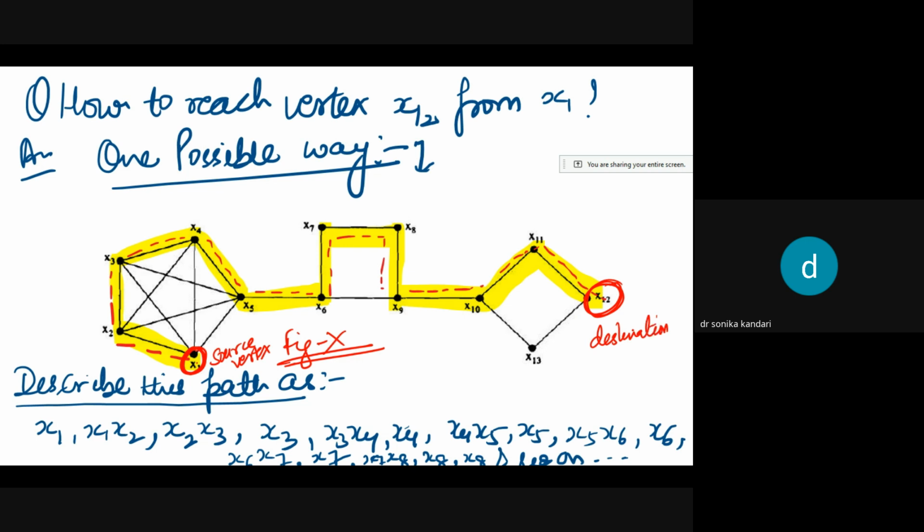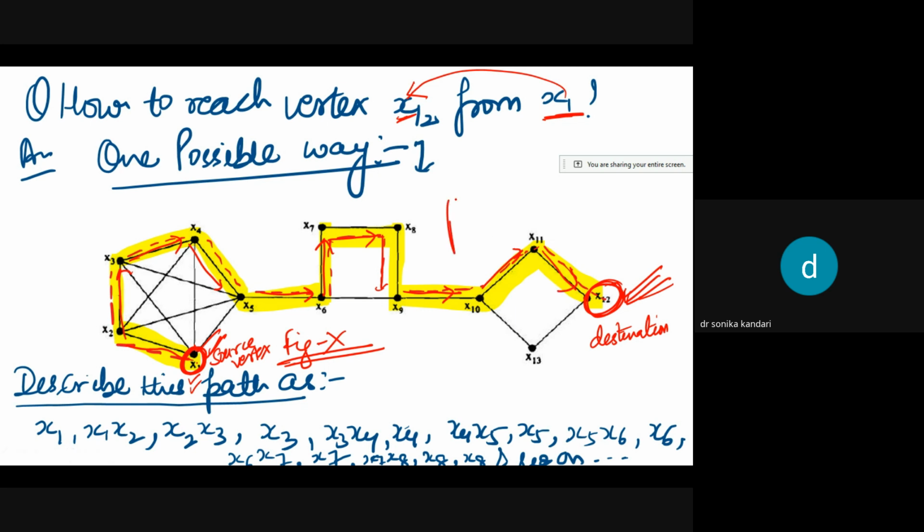So we have to move from source vertex X1 to destination vertex X12. X12 is on the right-hand side and X1 is on the left-hand side. So what will be the path? This can be one of the paths that I have highlighted with the yellow color.